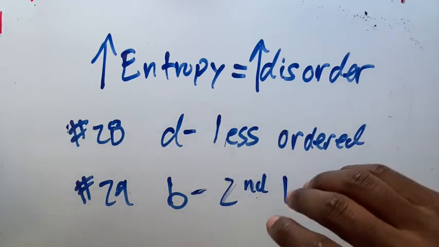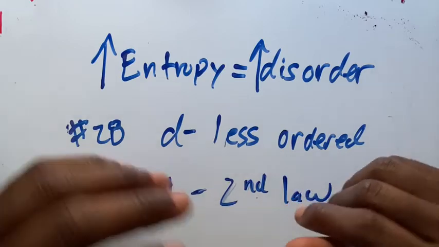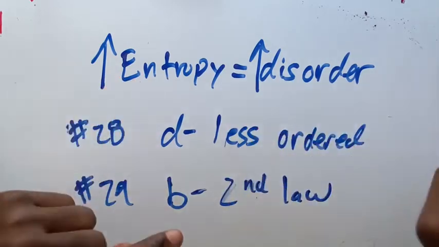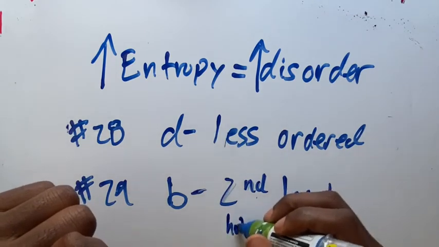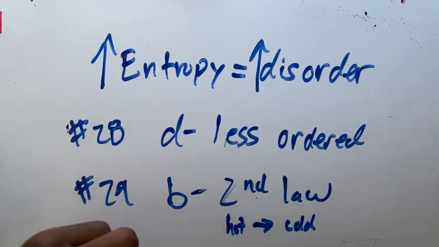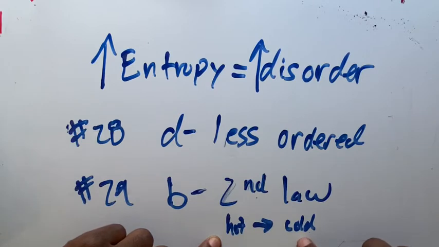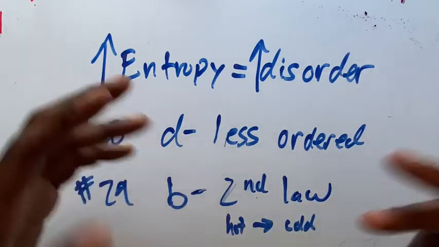Because you can kind of think of it like this. As hot flows to cold, which is basically the second law, hot always flows towards the cold. You can think of hot being basically disorder and cold being more ordered, because as things are hotter, they're more wild, and more wild means more disorder.